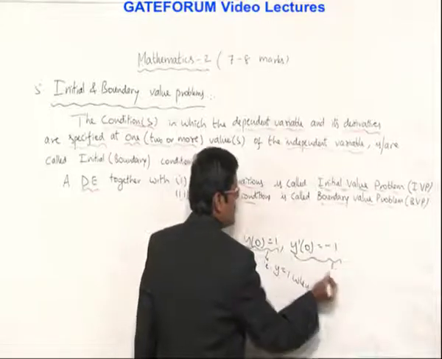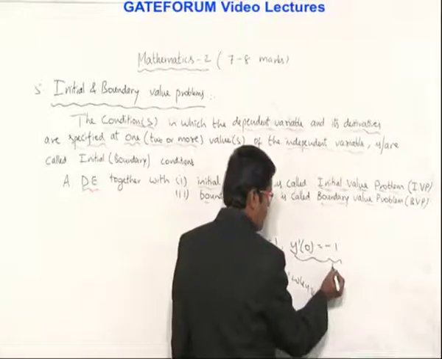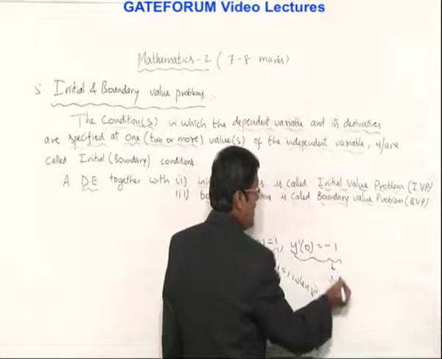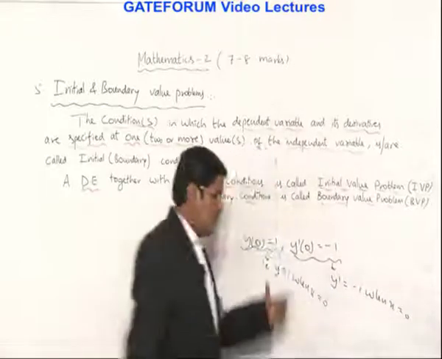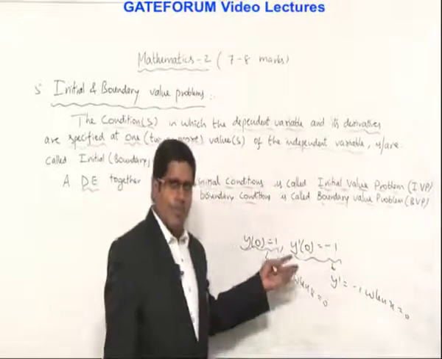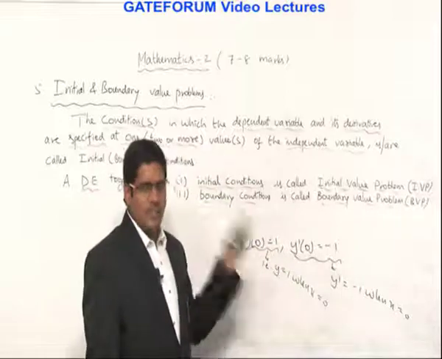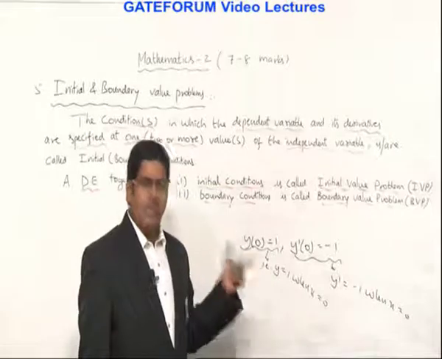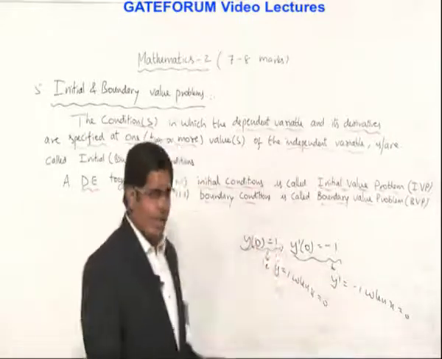And what is the meaning of this condition, writing in elaborated form? y dash value minus 1 when x equal to 0. Here I didn't say that x is the independent variable; in the problem itself you can identify the independent variable, but for understanding purposes I am taking x as independent and y as dependent.